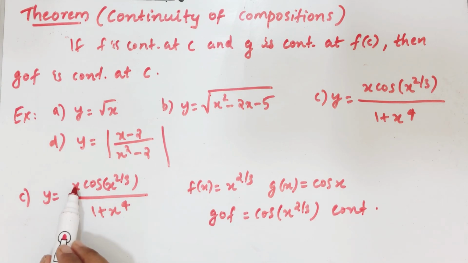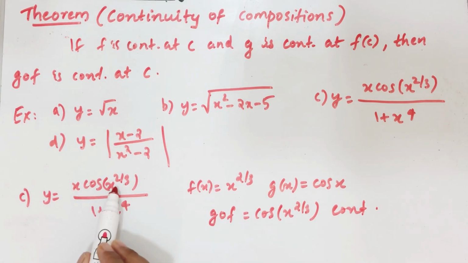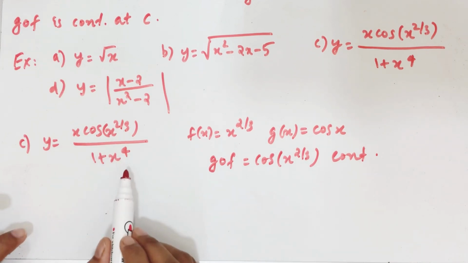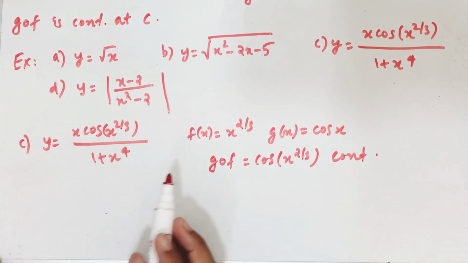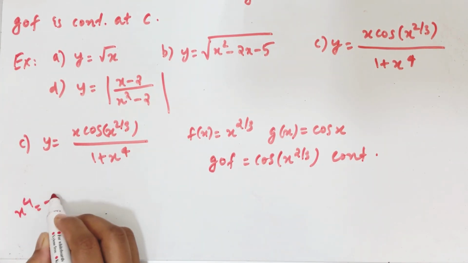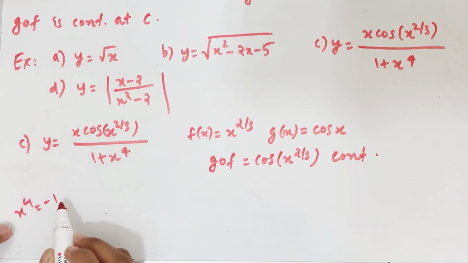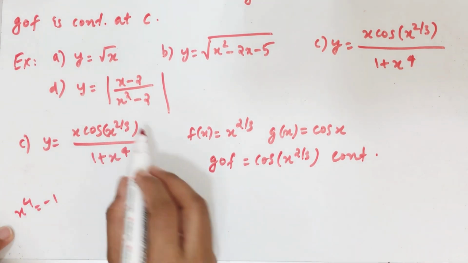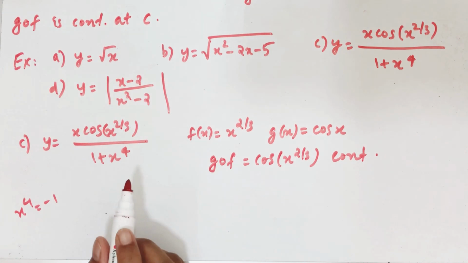Here x is continuous. Therefore, x into cos x raised to 2 by 3 is also continuous. Now, see 1 plus x raised to 4 is also continuous. This is a polynomial function. Therefore, this quotient is also continuous. Here the denominator cannot be 0 in real numbers because x raised to 4 equal to minus 1 has no real solutions. So this function is continuous everywhere.